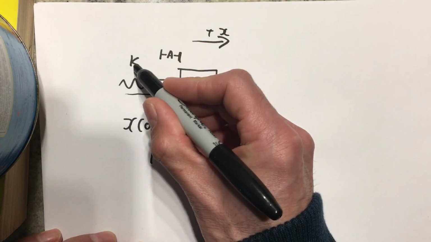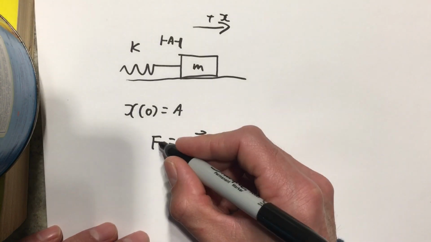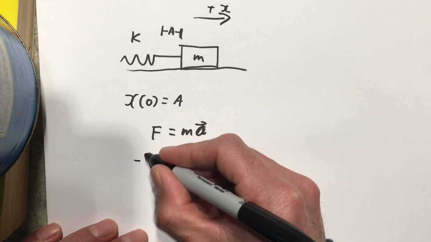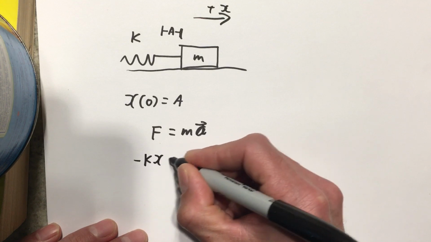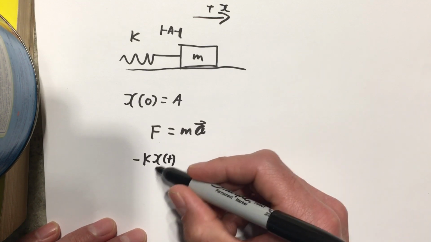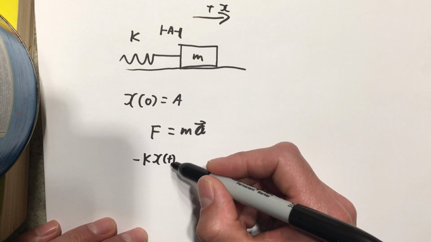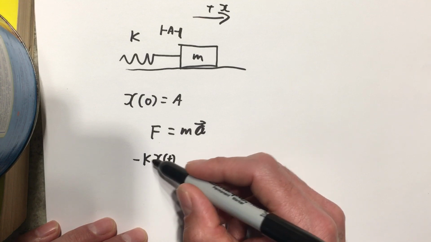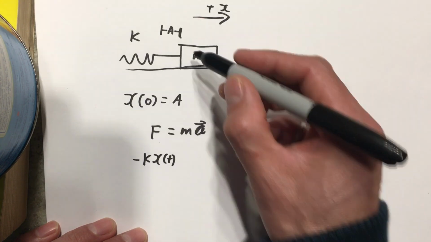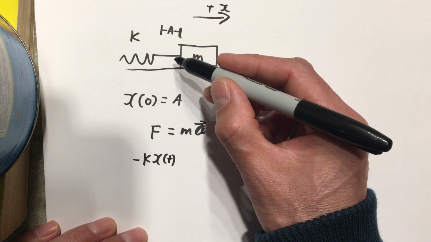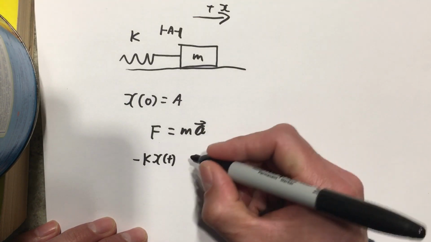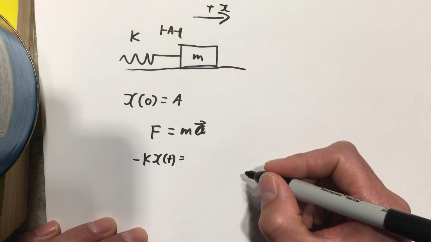So our force is negative k times x at t. x at t is our position at time t. And when I multiply k by our position from the spring's rest position, I get the force. That's equal to mass times acceleration.